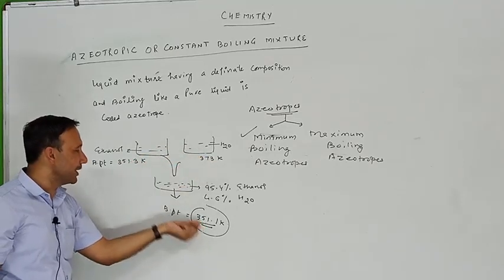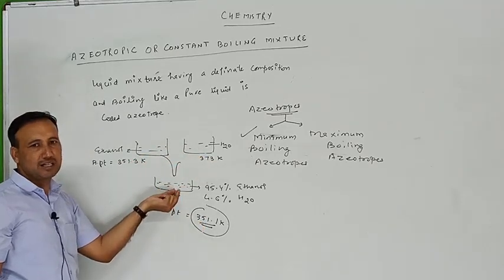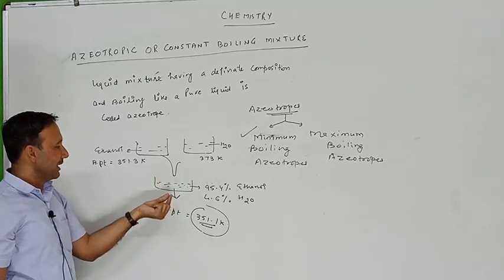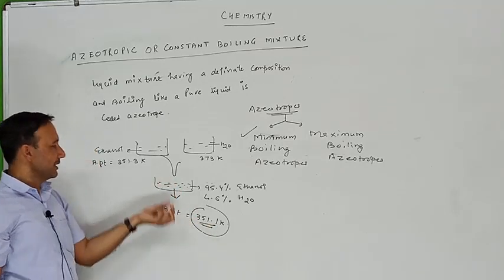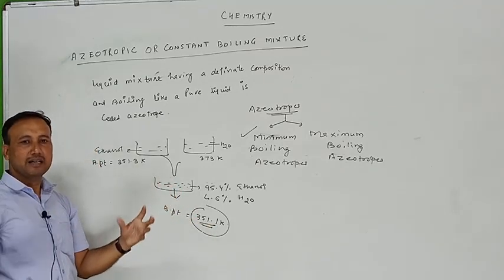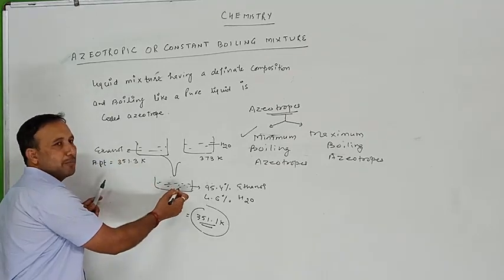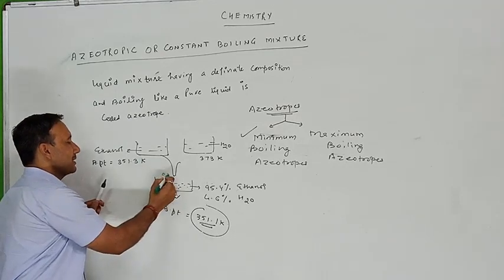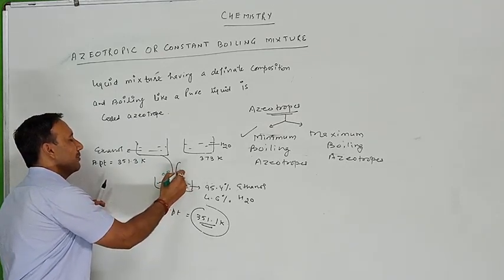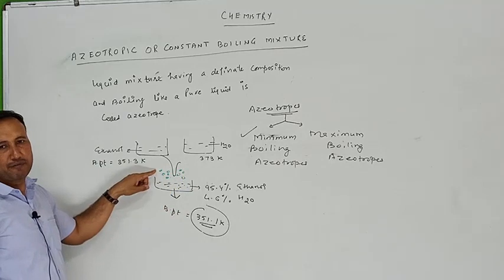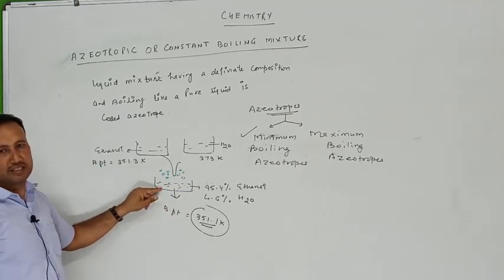And this is the boiling point of this liquid mixture. It means at 351 Kelvin, this liquid mixture will boil like a pure liquid. It means if the liquid boils, it will form vapors having both ethanol and water, and the composition of the vapor phase and the liquid mixture is the same.